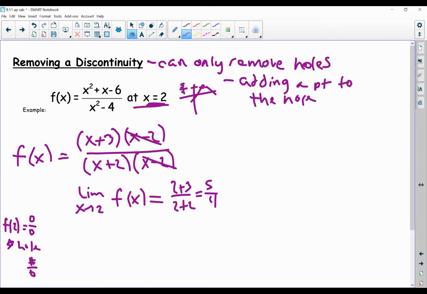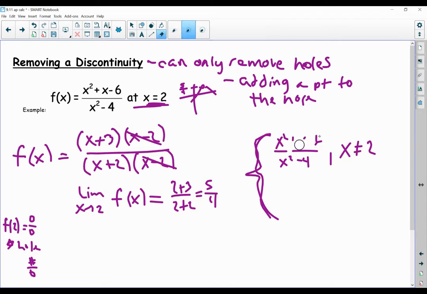So what I'm going to do now is rewrite this as a piecewise function. That's supposed to be a curly bracket, but it didn't work out. So I'm going to have x squared plus x minus 6 over x squared minus 4, where x can't equal 2. Actually, I'm going to take that back. I'm going to write the simplified one because it's just less to write.